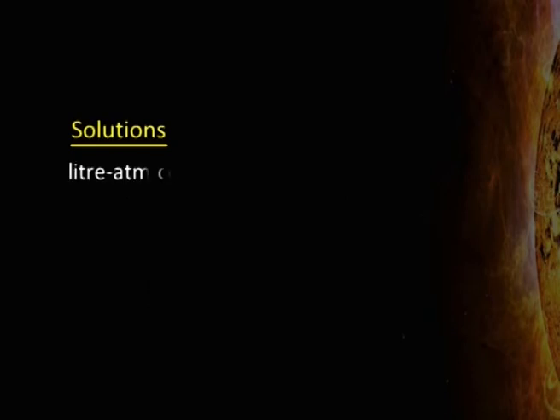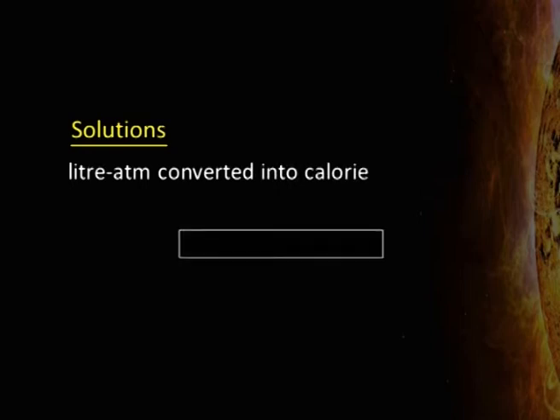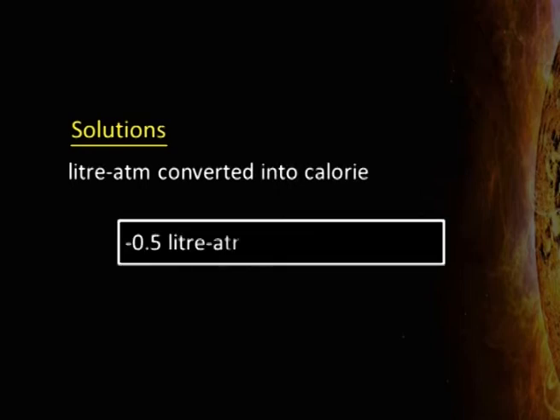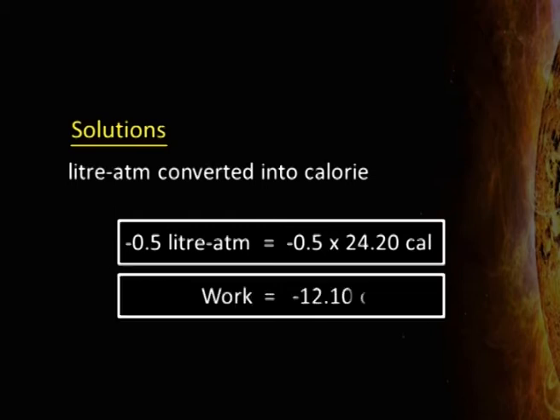The work in liter atmospheres can be converted to the work in calories by multiplying it with a factor of 24.20. Hence, 0.5 liter atmospheres will be equal to 0.5 into 24.2 calories. Therefore, the work in calories will be equal to minus 12.1 calories.